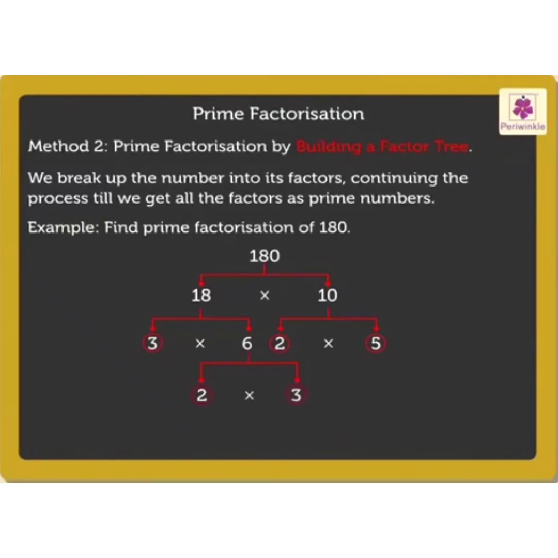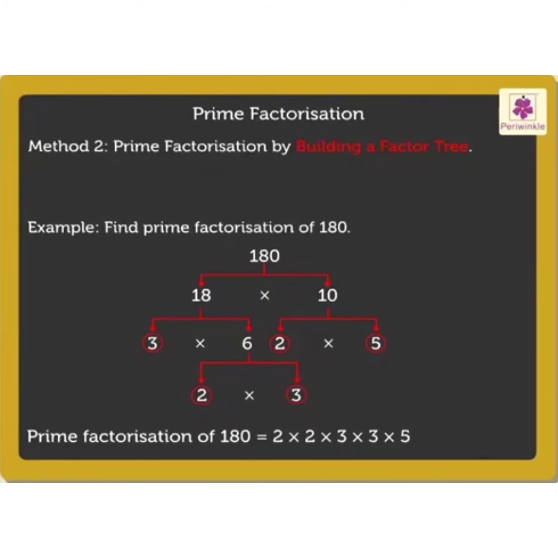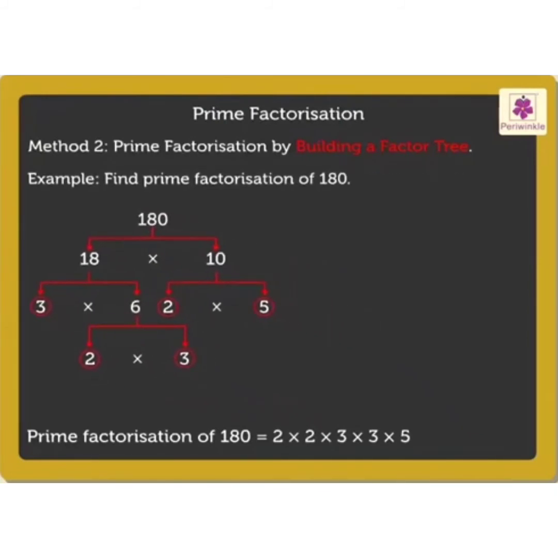Number 6 is formed by multiplying two numbers 2 and 3. Both these factors are prime numbers. Look, all the factors we have got are prime numbers. Thus, prime factorization of 180 is 2 into 2 into 3 into 3 into 5.